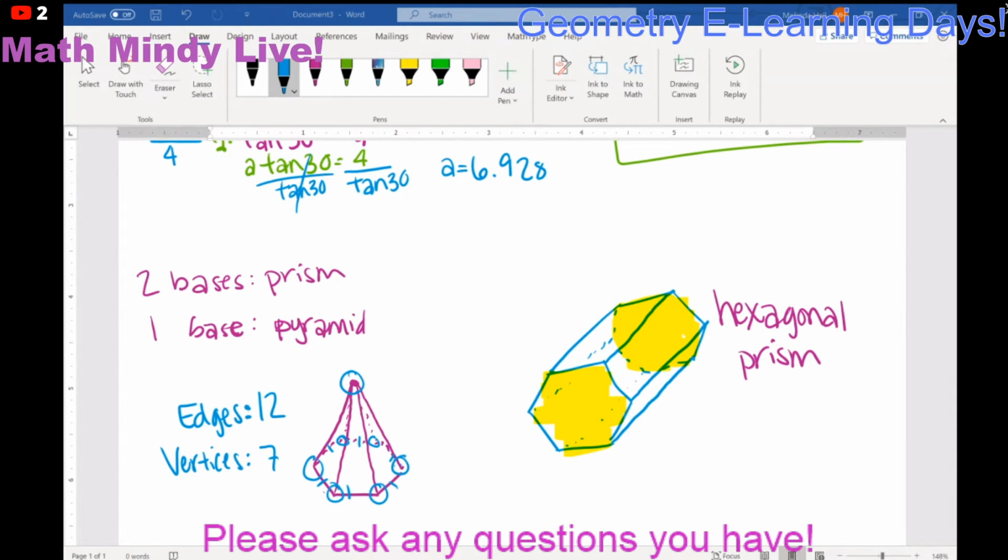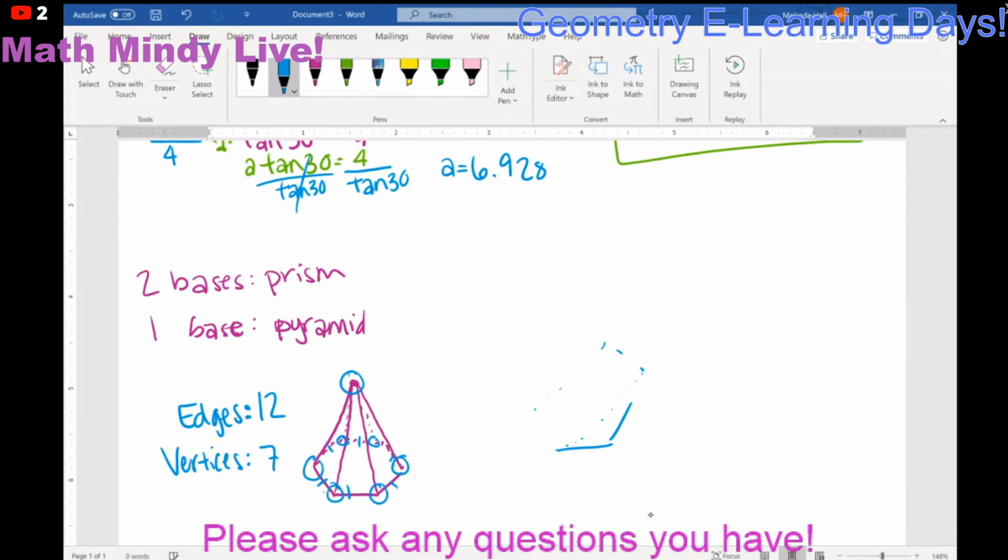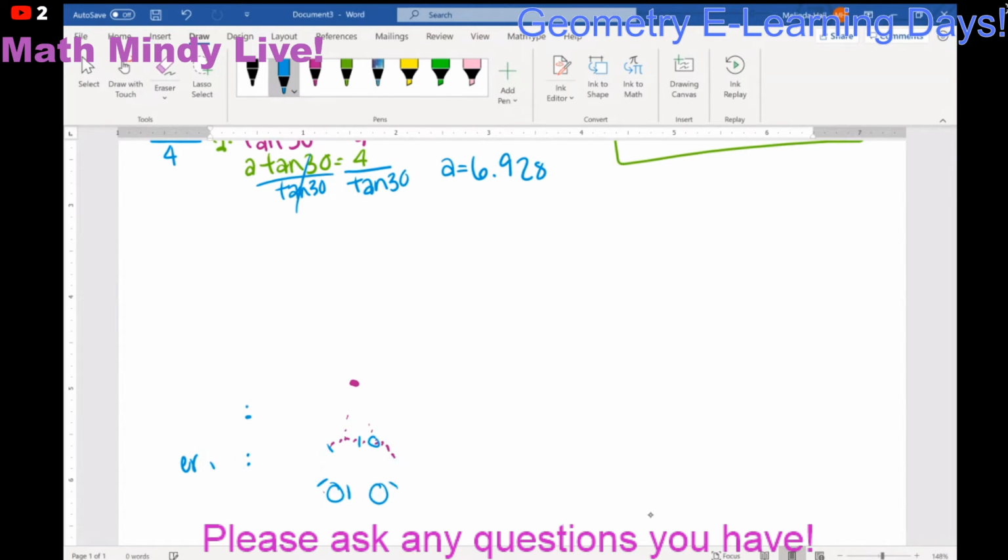Another very common thing that people mess up on is being able to use the volume formulas to their advantage so that they can solve problems with them. The main one I'm thinking of is spheres, because spheres have a fraction and people are scared of fractions most of the time. But let me get rid of all this.